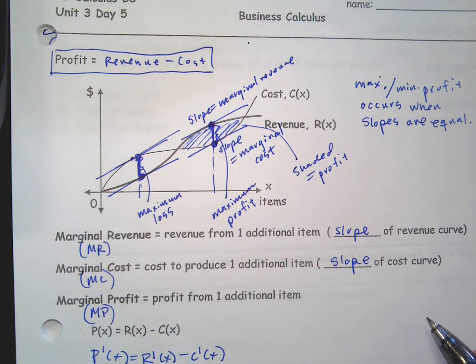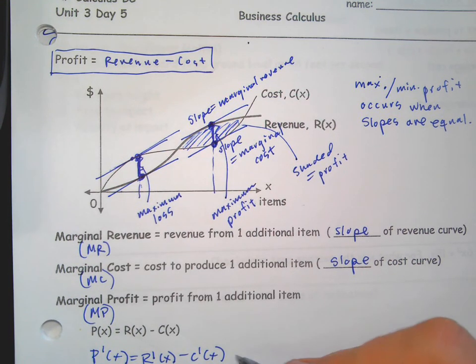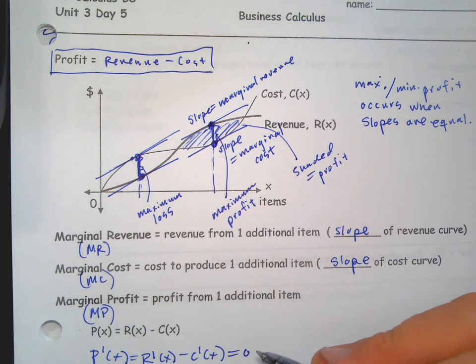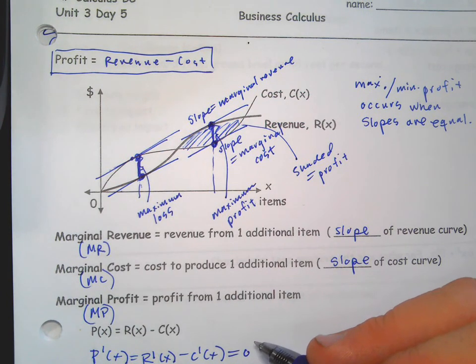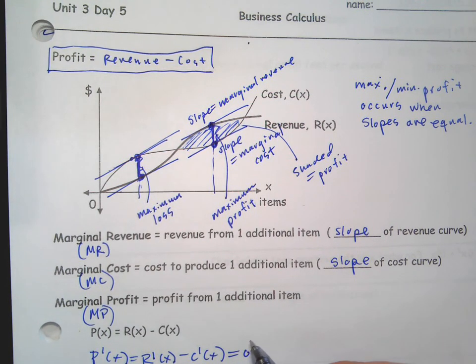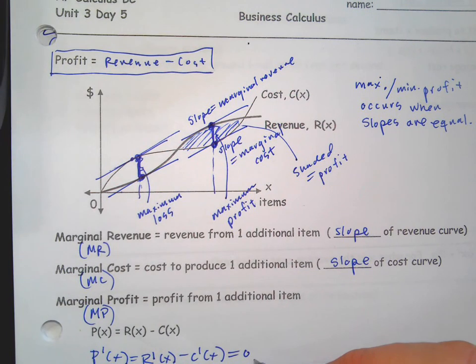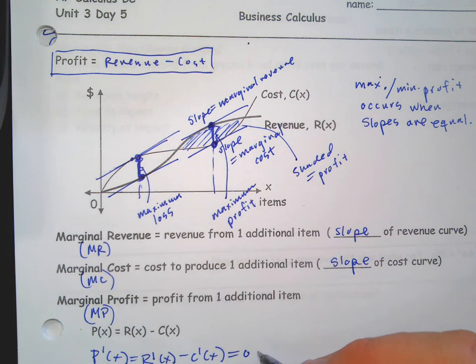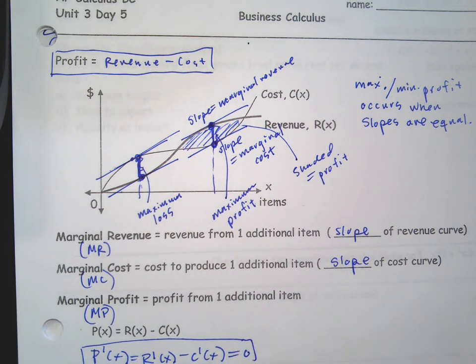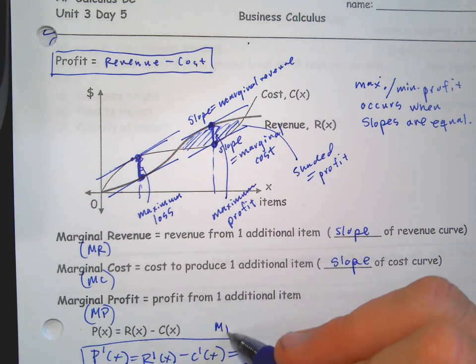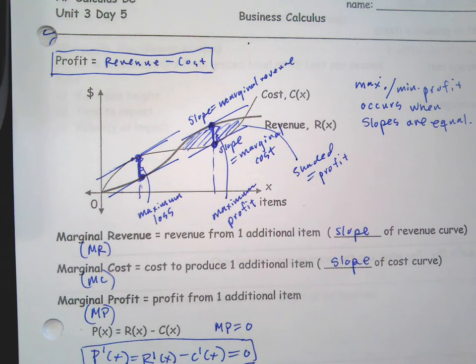Now, the interesting cases are going to happen where this marginal profit changes from positive to negative or negative to positive. It's going to be when it equals 0. And this is essentially a critical point. This is a relative max or min. So when the marginal profit equals 0, you're getting relative maxes and mins.